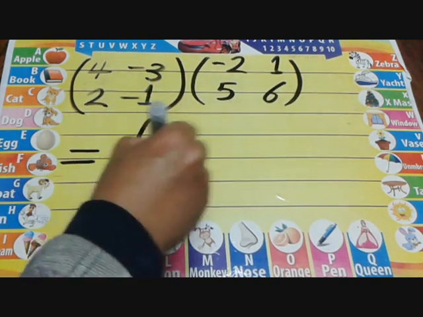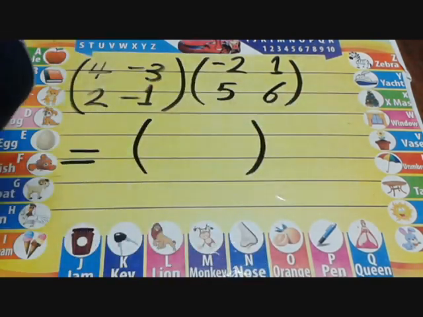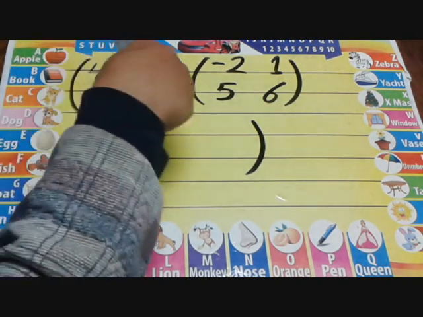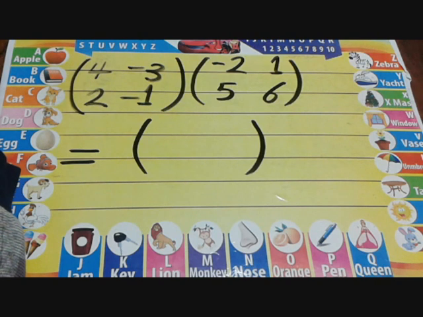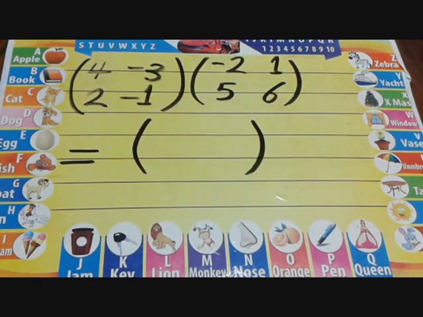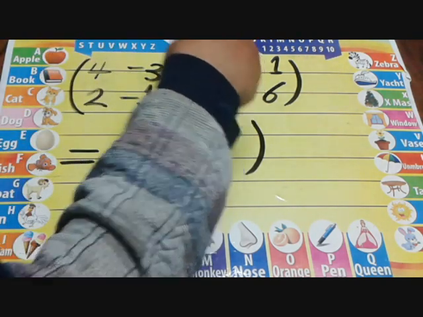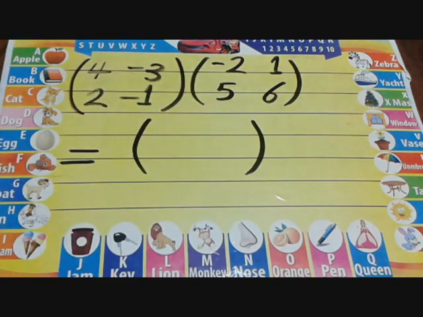Equal what? The first row times the first column equals what? 4 times -2 plus -3 times 5 equals what? -23.